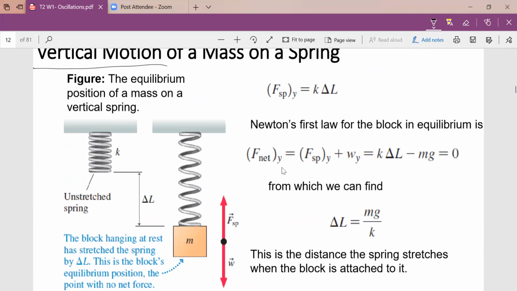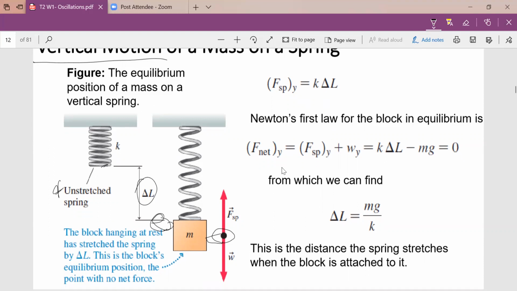The equilibrium position of the mass is described here. So when the mass is on the spring, we have when we added weight and it stretches to a new rest position. And then we'll have that change in length.